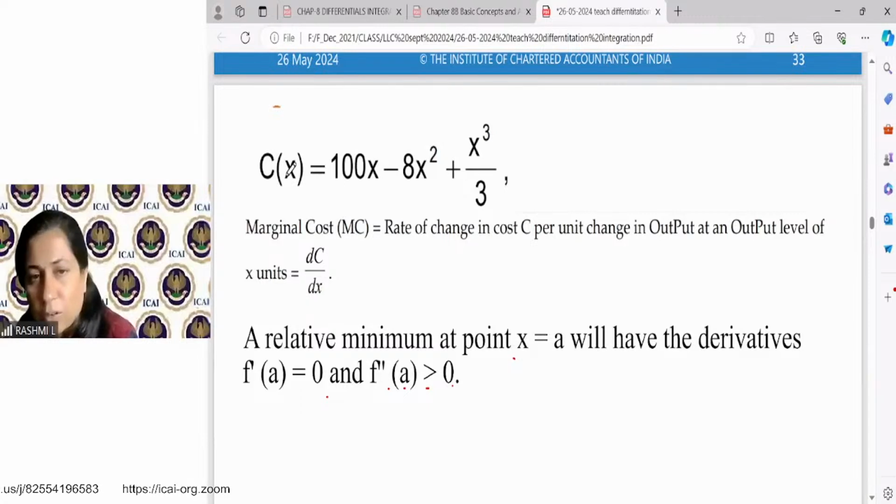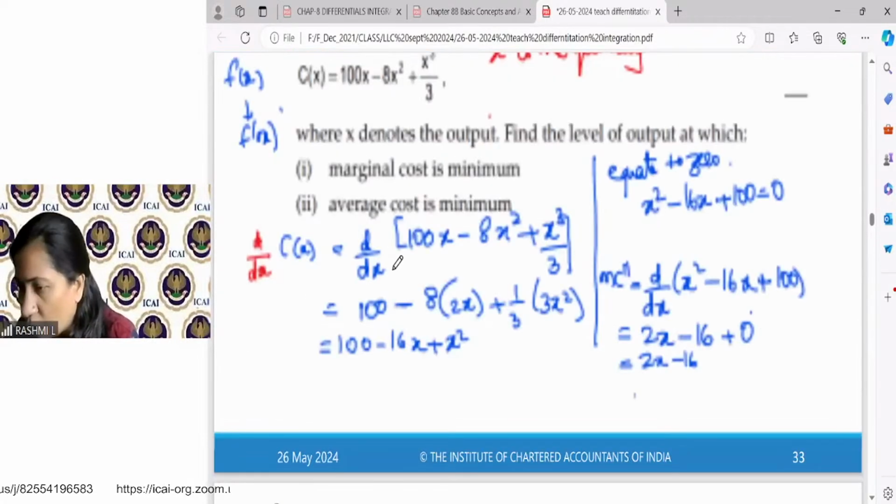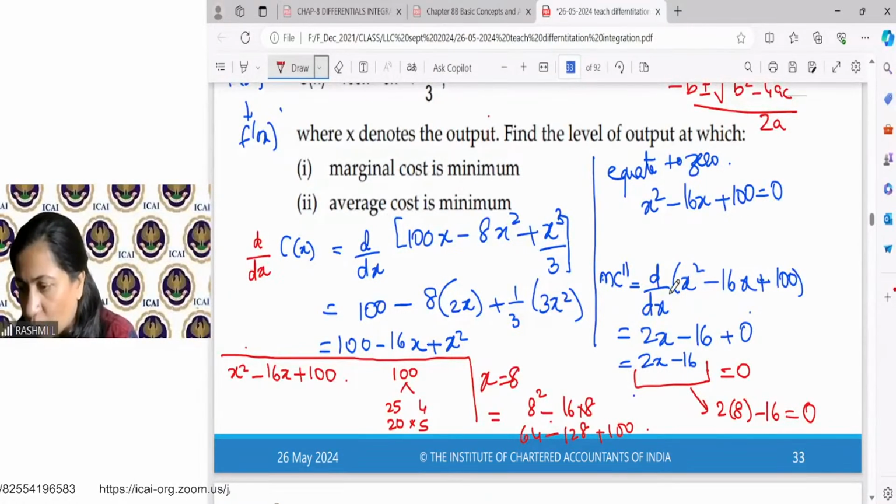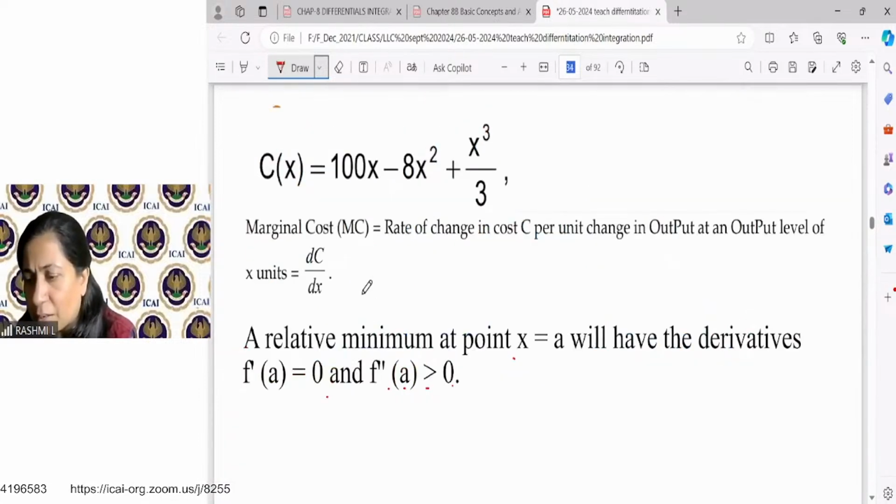Once you do this, you will realize how the answer is coming. So you will find the second differential, equate to 0 and you will get the answer. What will happen?